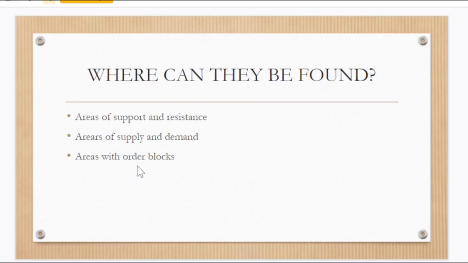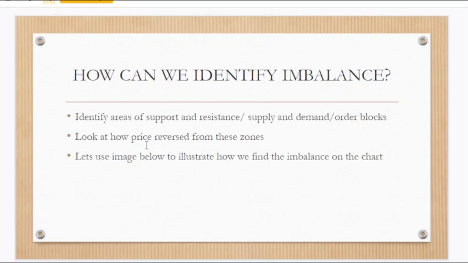Same applies with order blocks and support and resistance. This is just one and the same thing. The most important thing to take note of is that these are usually associated with support and resistance areas, supply and demand areas, and order block areas. So how can we identify imbalance?